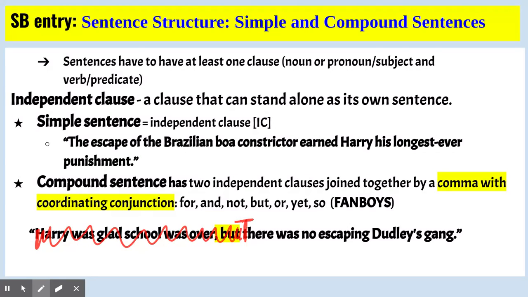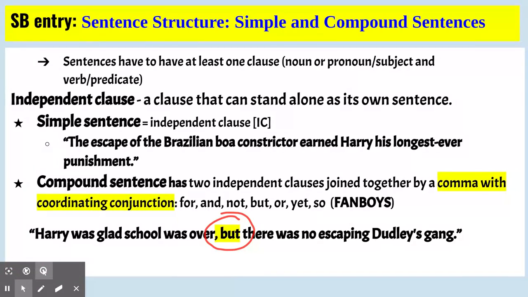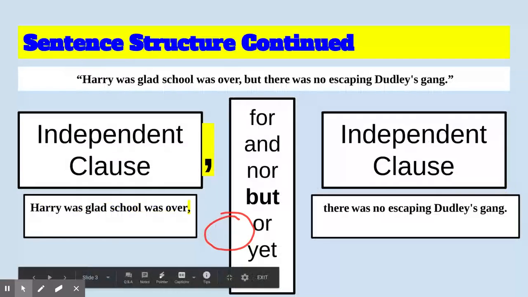That is also an independent clause. It's a complete sentence all by itself, right? In order to put these together, I have to use this coordinating conjunction. And I can take these two independent clauses and turn them into one sentence. So we're going to look at the rest of your slide, and this is the other thing I've got.